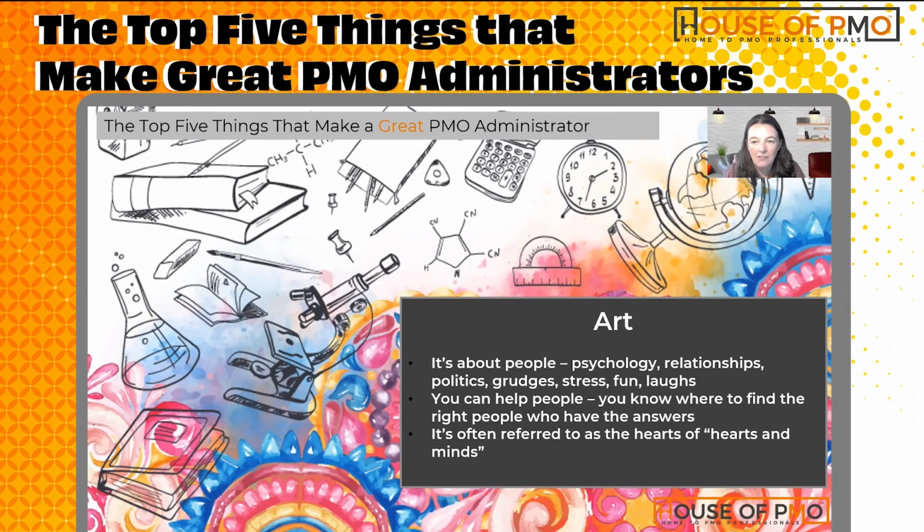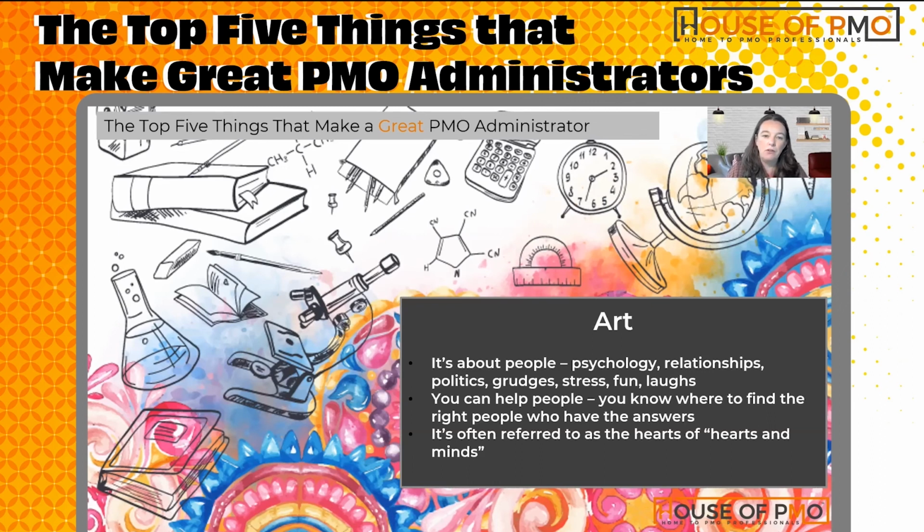Who's looking after whose back, who's having a grudge with whom, the politics, what is going on between you and the customer, your organization and the customer, the grudges, the stress, but also the fun and the laughs. The people stuff is the real nub of it all, and that's ultimately what makes projects succeed and fail.